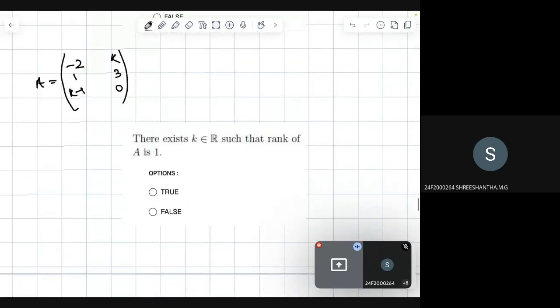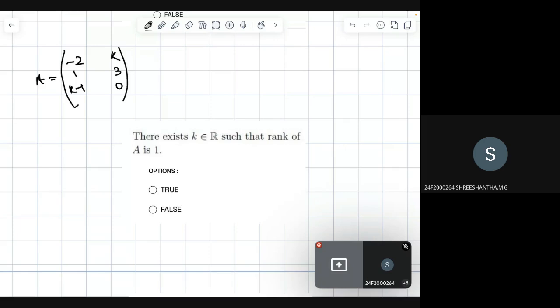Does anyone want to attempt this? So there exists k belonging to R such that the rank of A is 1.